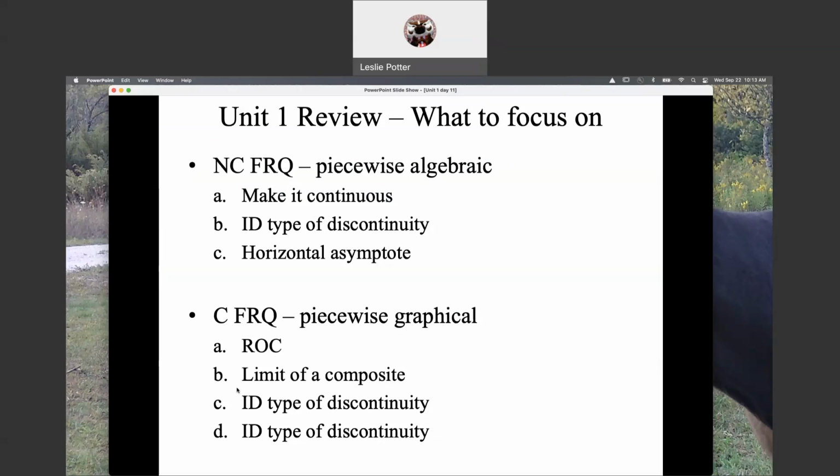Calculate a rate of change for me. Calculate the limit of a function that is created using what could be a composite. That sort of thing, going back to when we talked about properties of limits.